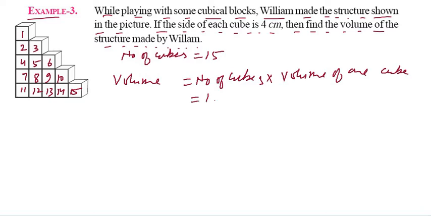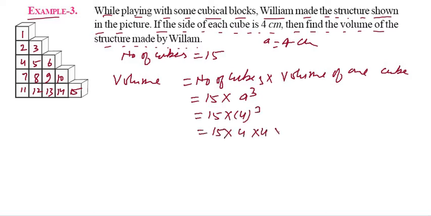So number of cubes is 15, and volume of a cube is A cube. And A is given as 4 centimeters. So you have to write 15 into 4 whole cube. So you can write here 15 into 4 into 4 into 4. So how much is this? So you can multiply this. It is 1960 centimeter cube, and that is your answer.